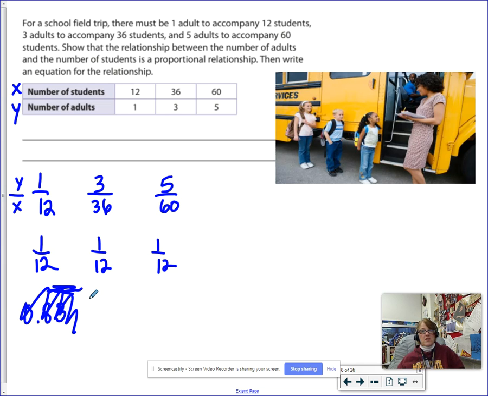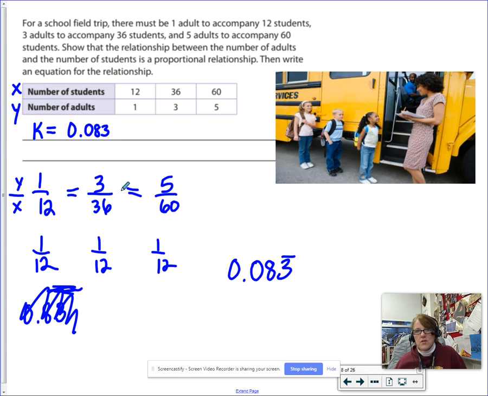Jinkies. Can you tell who hasn't poured her coffee yet? Goodness gracious. There we go. Okay, 0.083. So show that it's proportional. There's my work to show it's proportional. Okay, that unit rate that is consistent is 0.083. Or you could write it as the fraction 1/12.